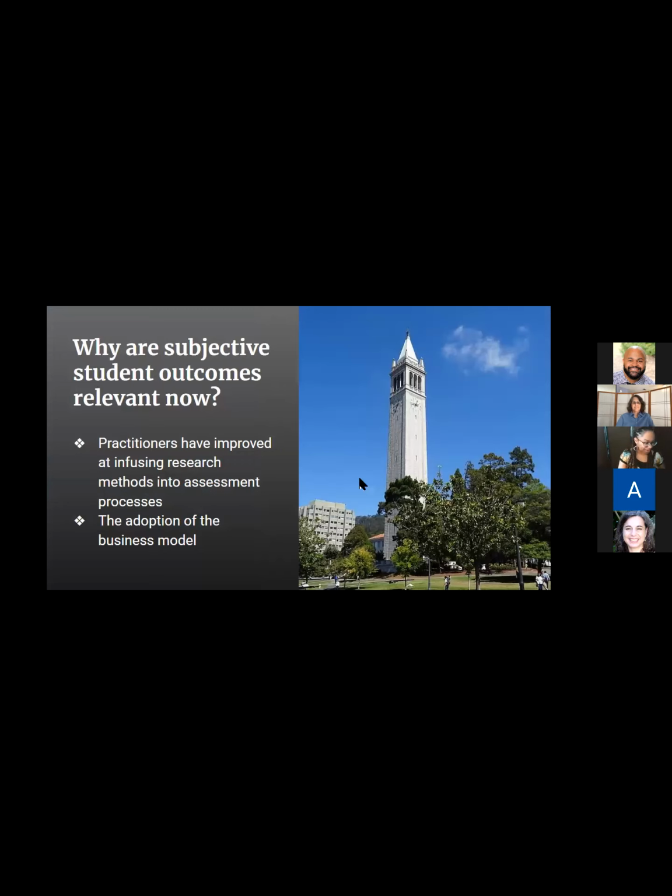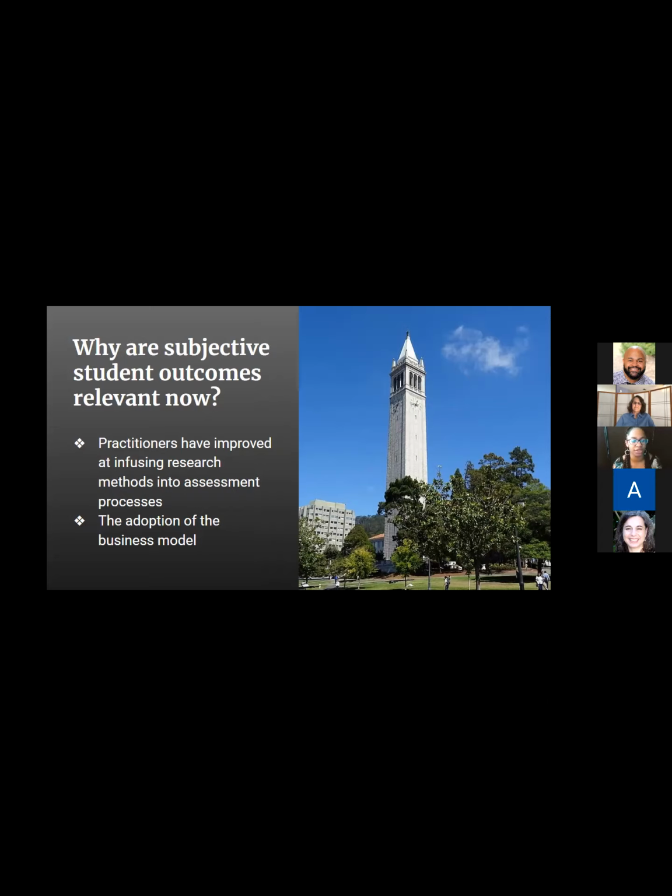So let's talk about why these outcomes are especially relevant right now. And I would say it's for these two reasons. First, higher education assessment is more and more successful at using research methods and showcasing the value of the holistic college experience that we're providing, which means that we're getting really good at demonstrating how our work impacts students.